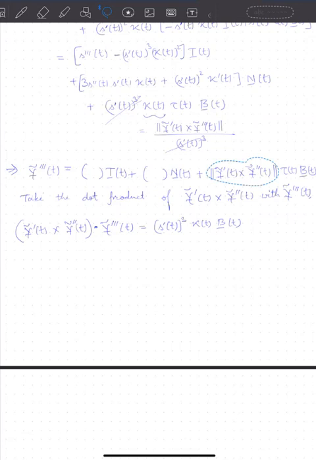I had to use this later. Before that, let's just call it s prime. So we have this, right? And then take this dot product with this big term.